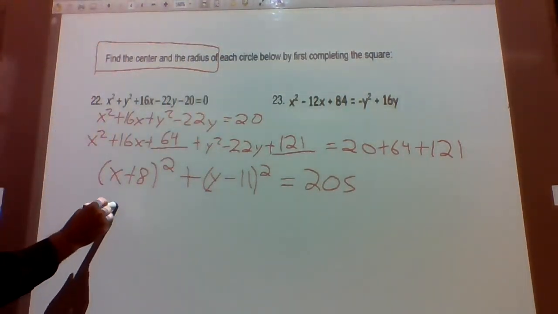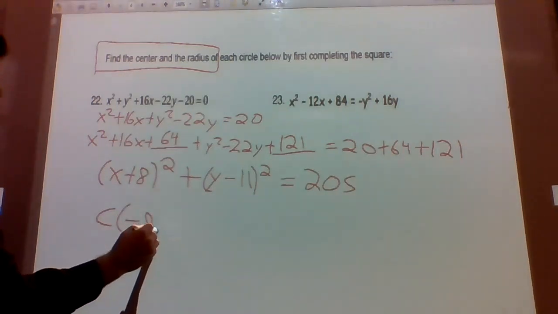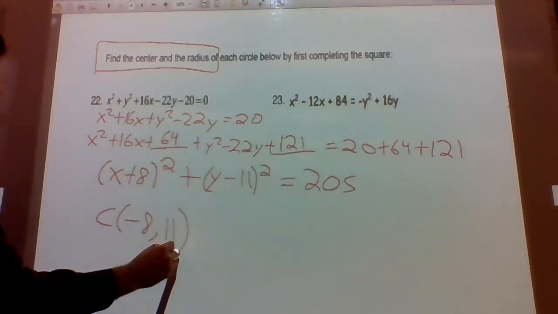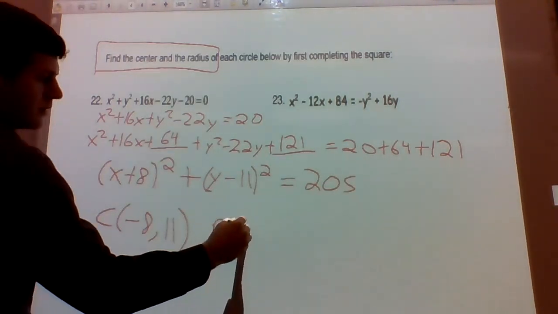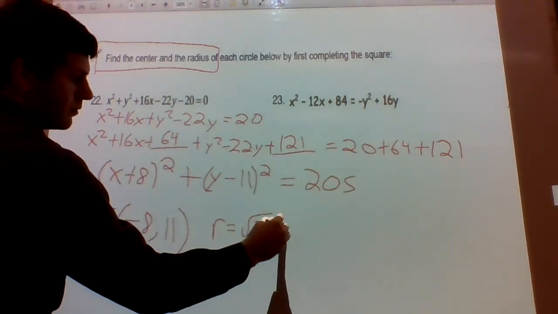The question asks to find the center and the radius. So the center of our circle is going to be negative 8, 11. Got to flip the signs, and then our radius is the square root of 205.